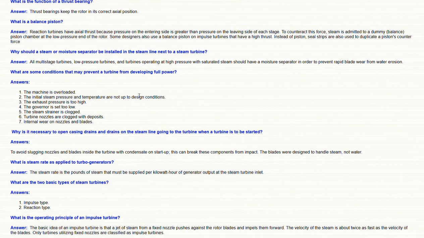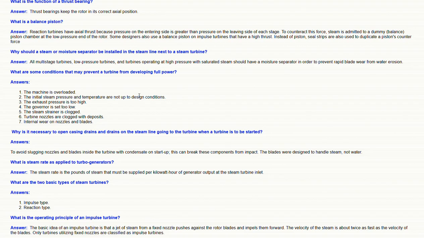Next one is, what are some conditions that may prevent a turbine from developing full power? According to my knowledge and concept, and I am not reading all of these, I want to share a few things regarding why a turbine is not developing full power. There are a few reasons.